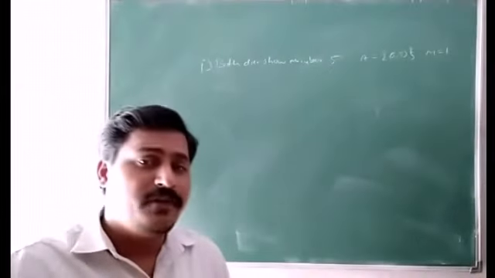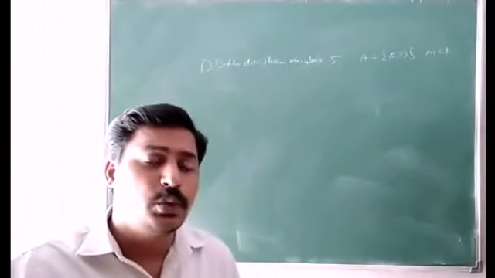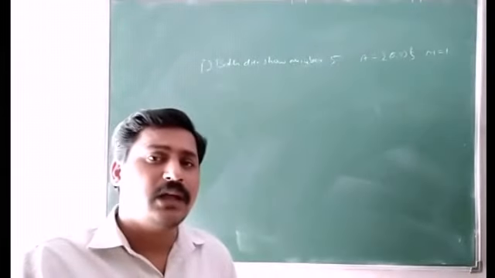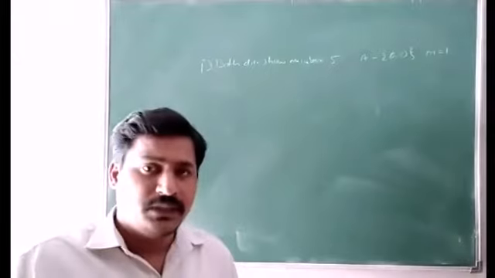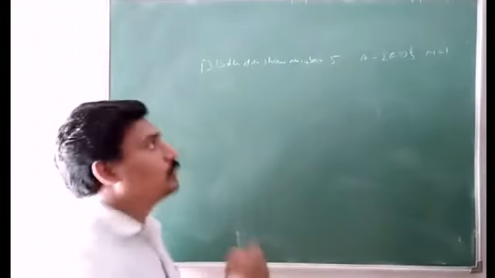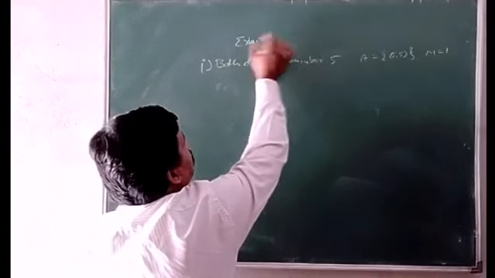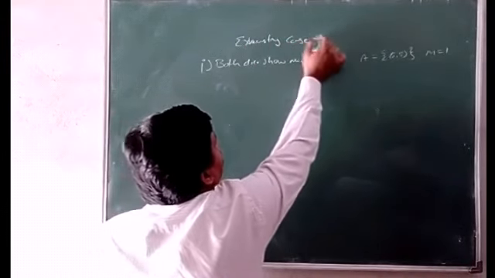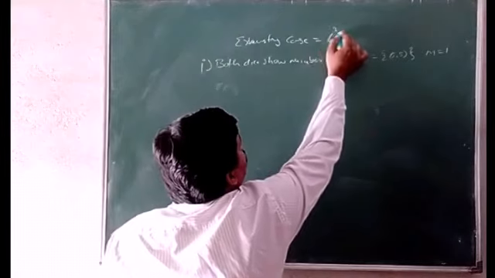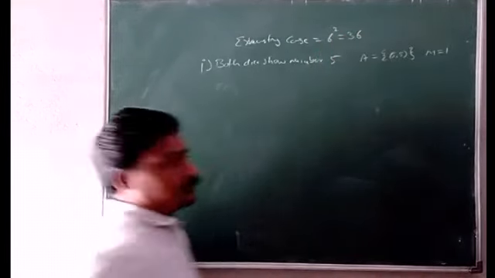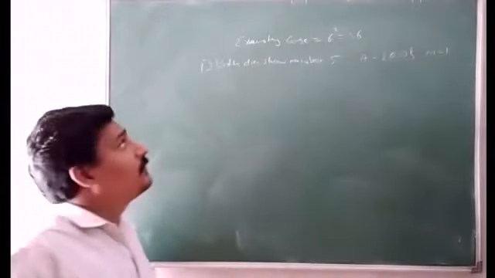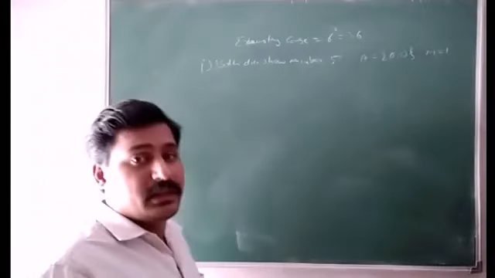So when we are throwing 2 dice, the outcomes raised to n, that is 6 raised to 2. Exhaustive cases is equal to 6 raised to 2, that is 36. So the probability of event A is 1 by 36.